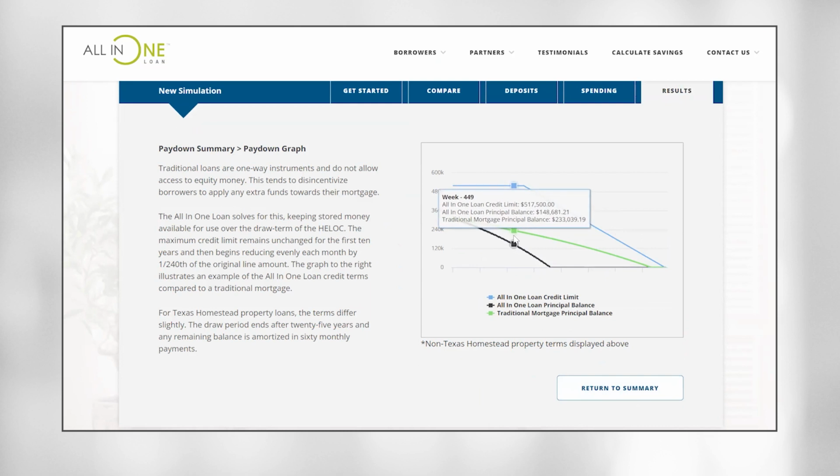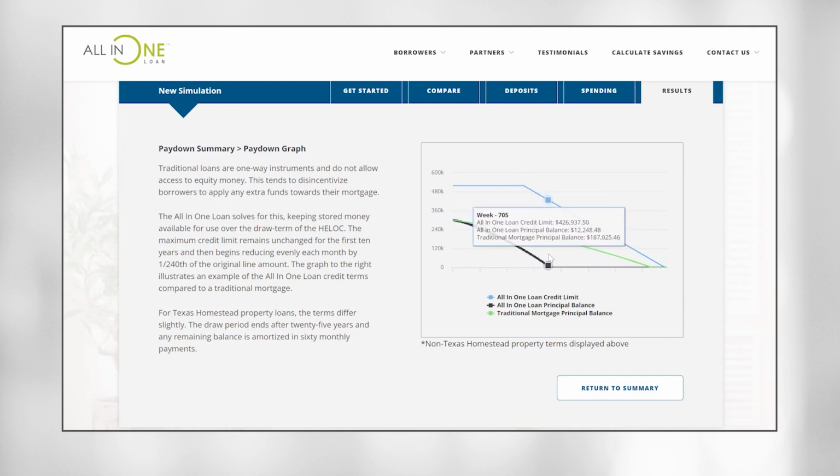And if you take a look at, let's just say, a few years down the line, you can see you'd be chugging away at your 30-year fixed loan, not really making too much of a dent in it. As you can see, after a few years, the traditional mortgage principal balance is somewhere around 236,000. The all-in-one loan balance, significantly less. That's about halfway through. We get down to zero.